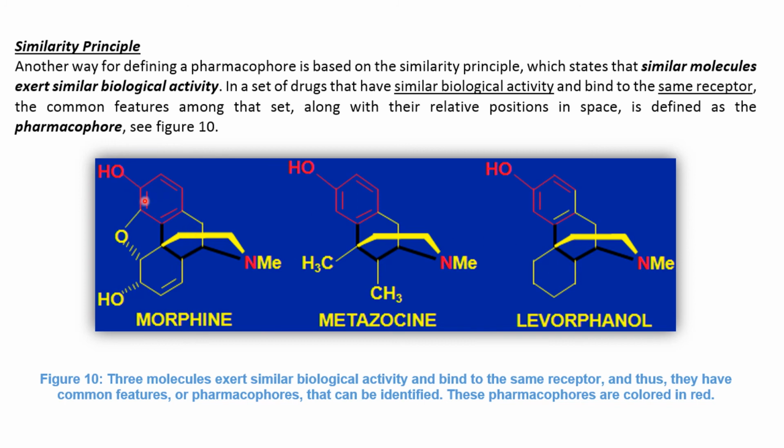In this case, you will see that the aromatic with the OH here is occurring in all of them. The same for the nitrogen here, the quaternary or the ammonium nitrogen.